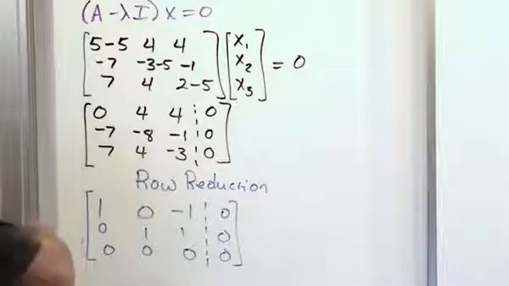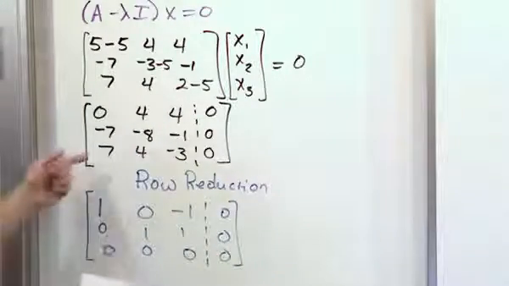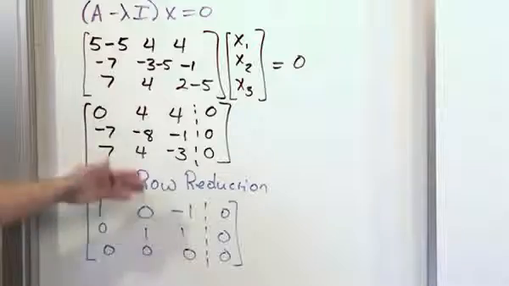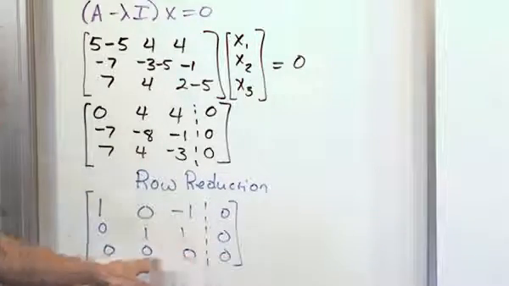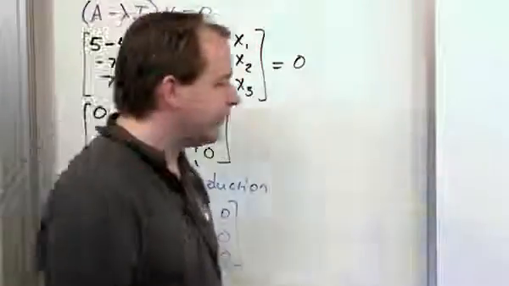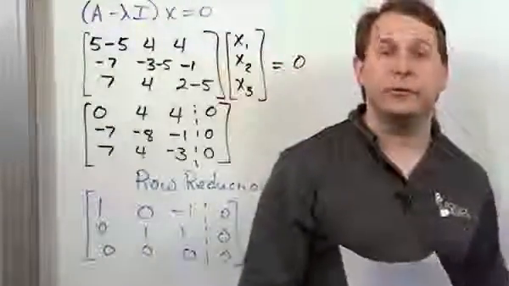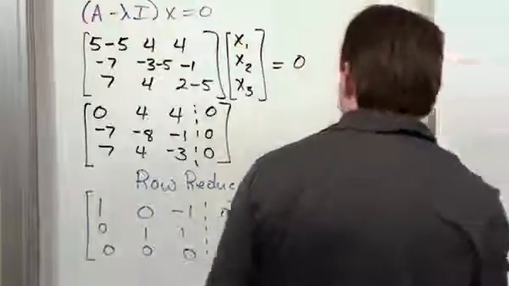So this is the row reduced form. Going from here to here is several steps, but this is what you would end up with. Notice you do have zeros on one row, which implies you're going to have an infinite set of eigenvectors associated with this eigenvalue, which is very common.